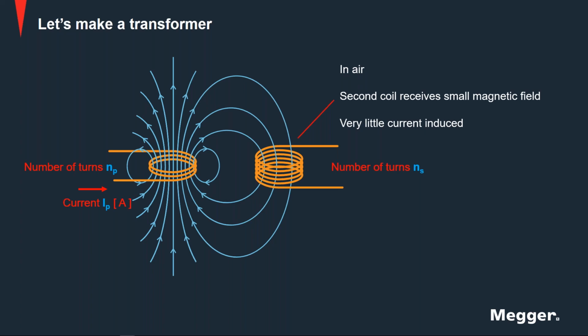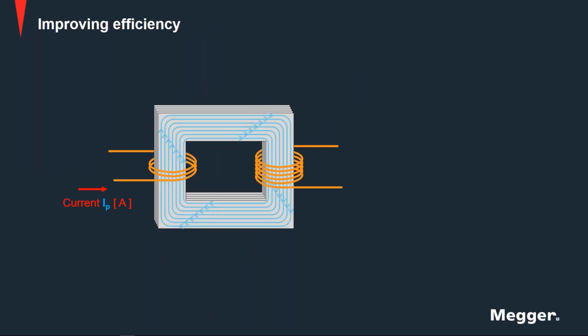So if we're talking about a power or distribution transformer, and air will result in very little current induced in the other coil, how can the magnetic field be guided? We guide that magnetic field by introducing a core of ferromagnetic material.